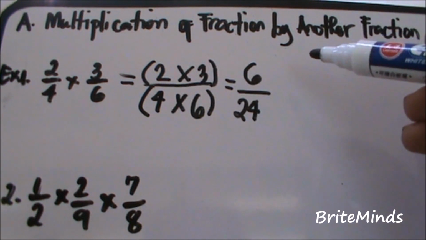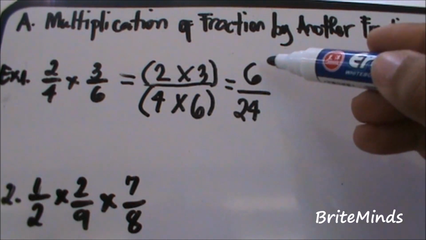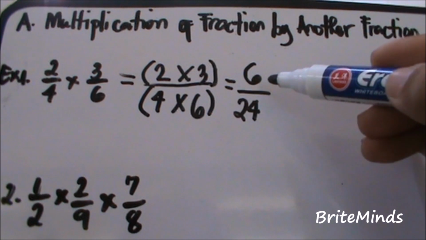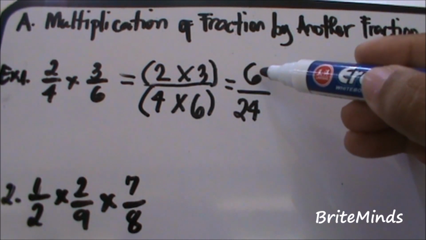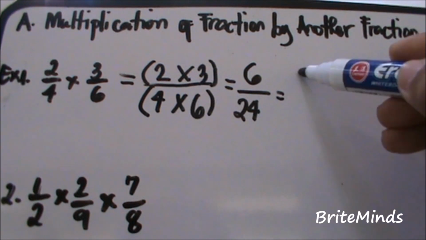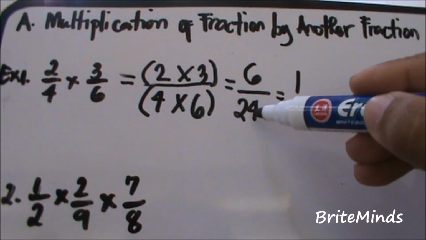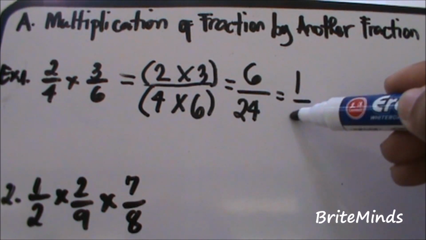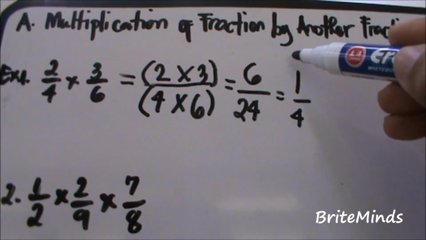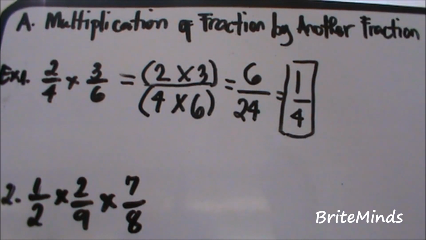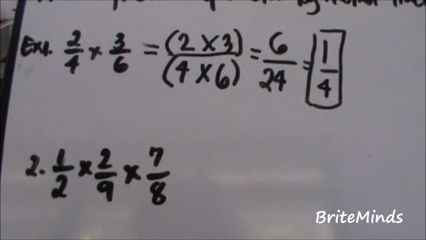And then we can reduce this fraction to lowest terms. We can divide 6 by 6. 6 divided by 6 is 1, and 24 divided by 6 is 4. So the answer is 1/4.